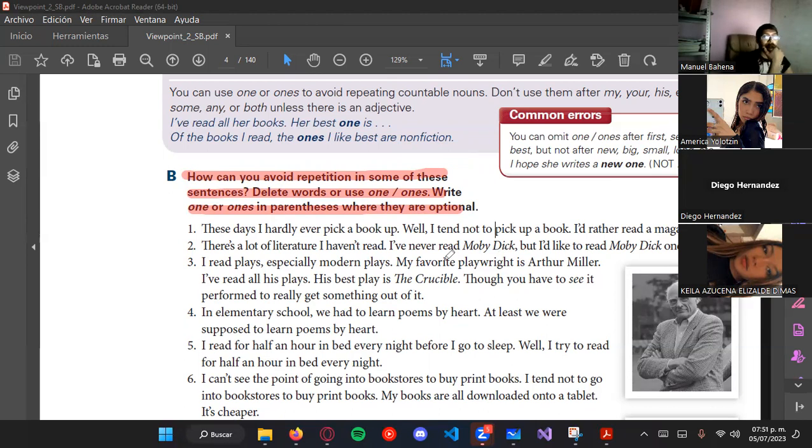Elimina las palabras o utiliza uno o unos y escribe uno o unos en paréntesis cuando sean opcionales. Exactly. Thank you very much. So now, Aranza, read the first one. Sí, está bien, o cuando sean opcionales también es válido la traducción.